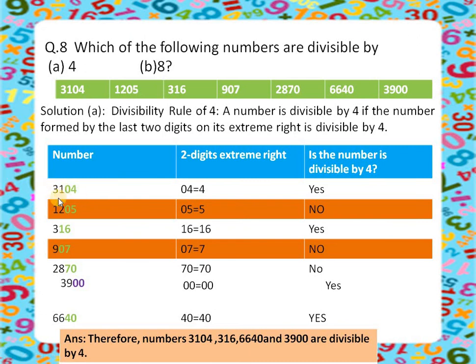So 104, 205, 316, 907, 870, 900, 640. The explanation of 8 is given to you. Hopefully you will be able to solve part B by yourself.